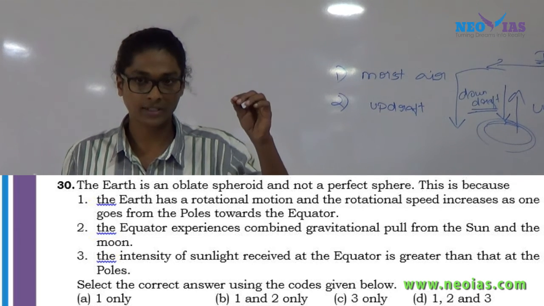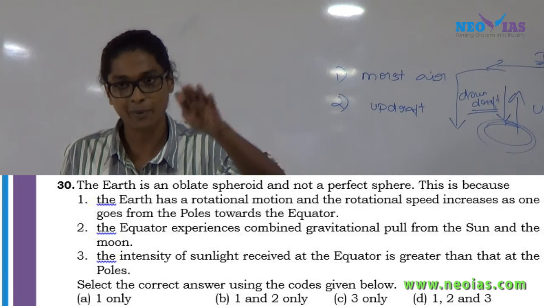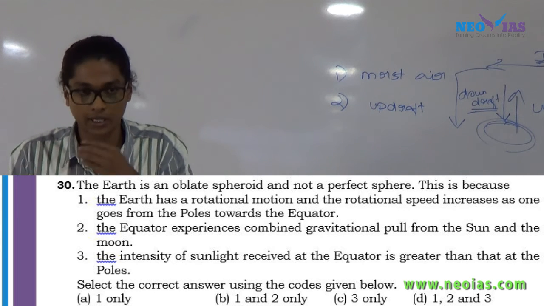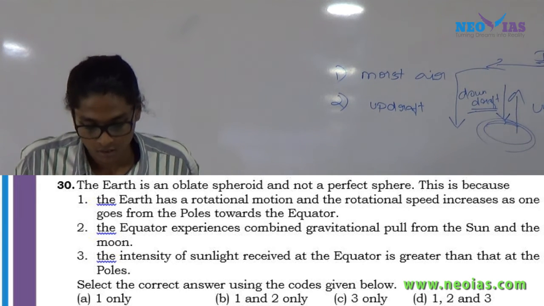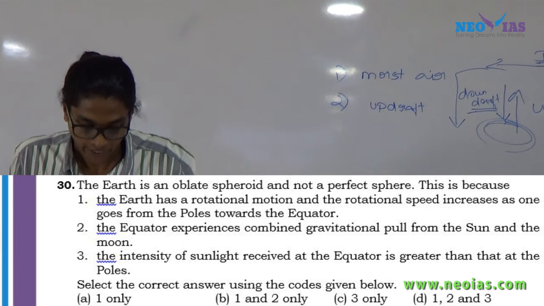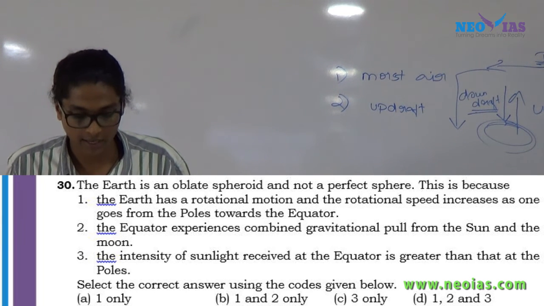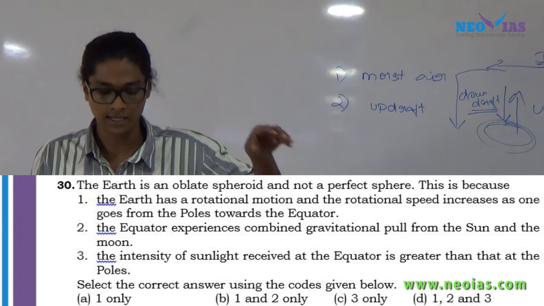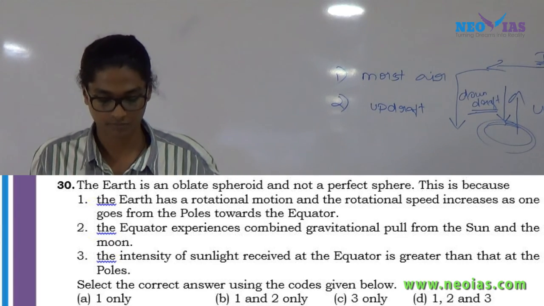The rotation felt at the pole will be 0 and the maximum will be in the equatorial regions. If you remember that, you will get the answer, and the answer will come out as A only. All the other options, 2 and 3, are utterly wrong. If you have some basic concept, you will understand that 2nd and 3rd are wrong.